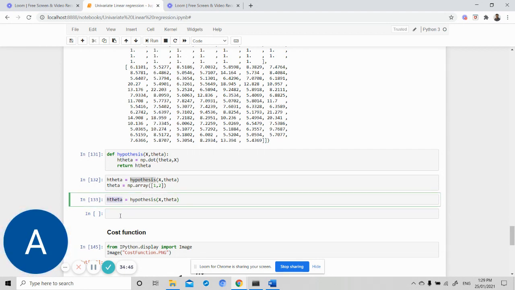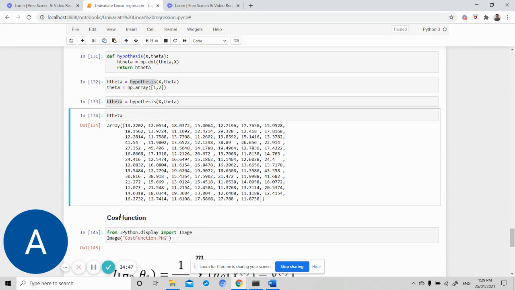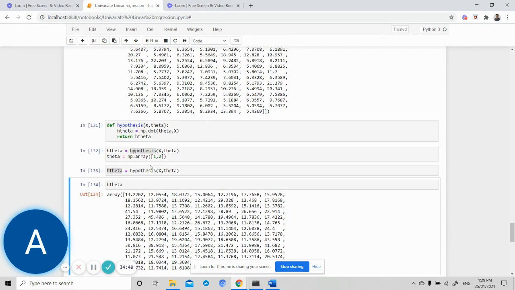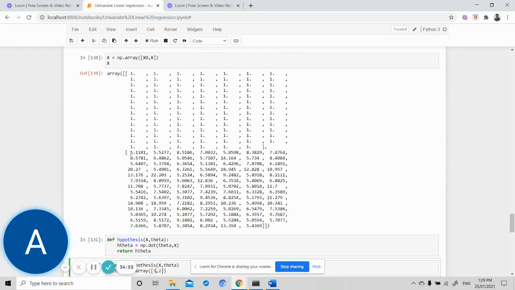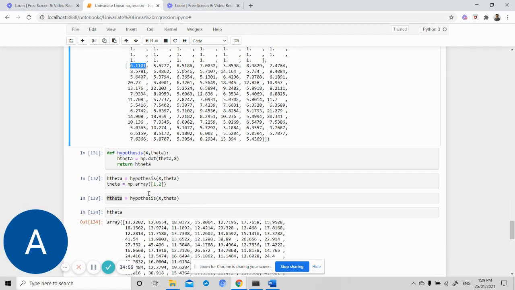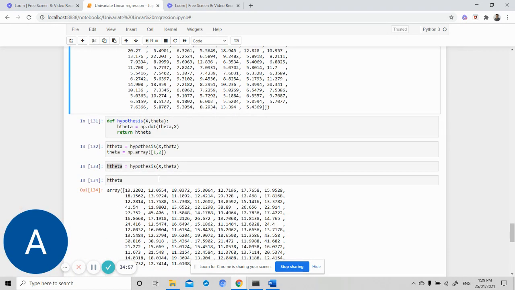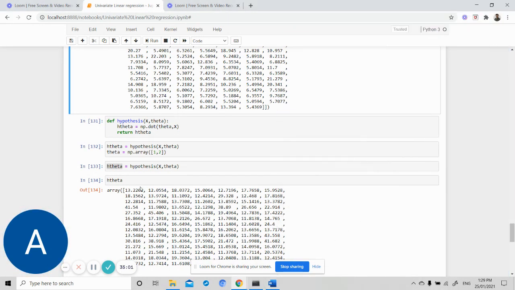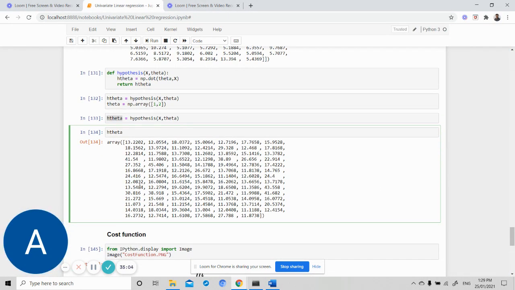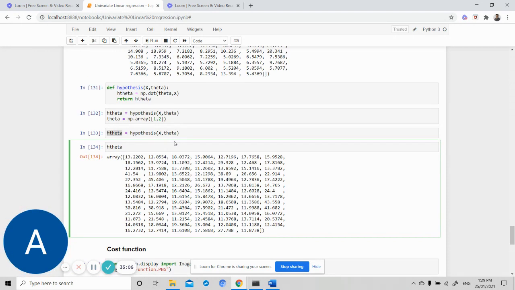If you look at my h of theta, this is all matrix multiplication, that is 1 times 6.1 plus 2 times, and so on. It is simply a matrix multiplication. So this is how we do h of theta.